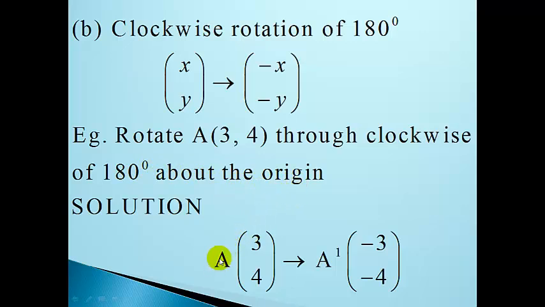So given the point A(3, 4), the image A prime according to the rule minus x, minus y, the answer will be (minus 3, minus 4). That is, we have to negate both the x and the y, and that is why instead of (3, 4) as the coordinate of the image, we have A prime to be (minus 3, minus 4) according to the rule.